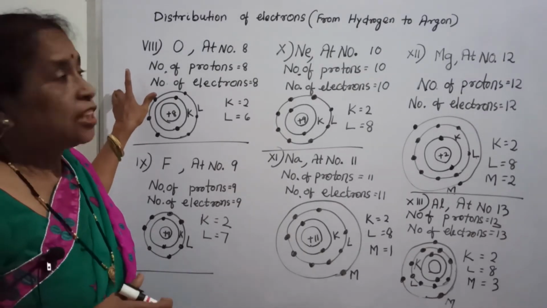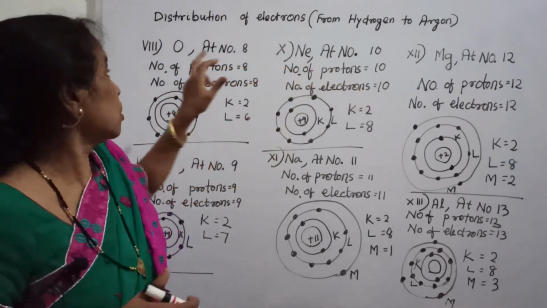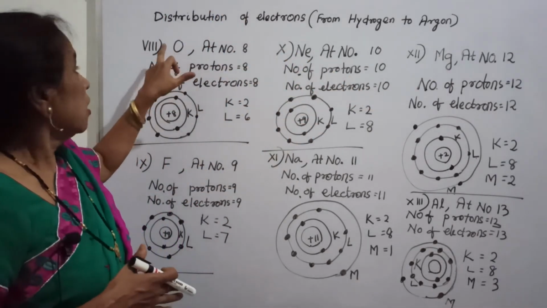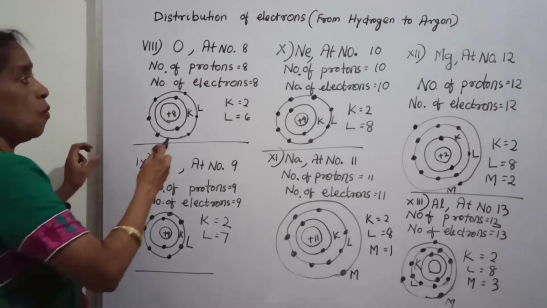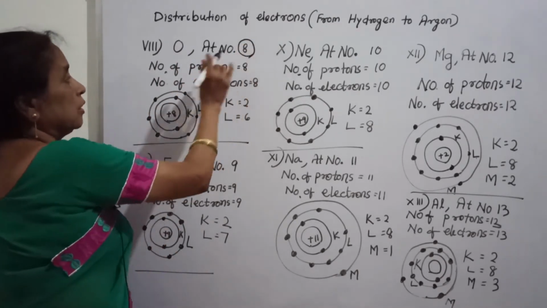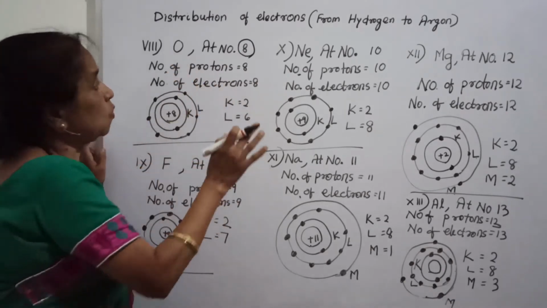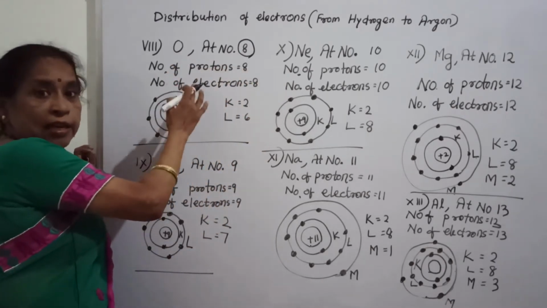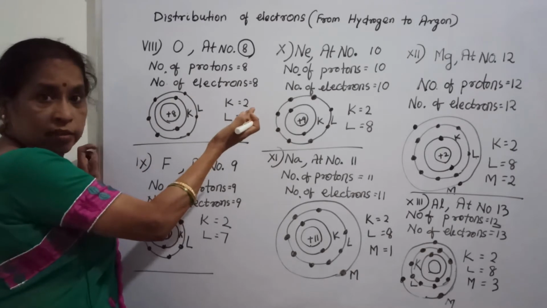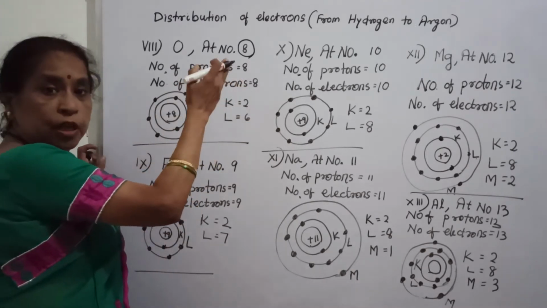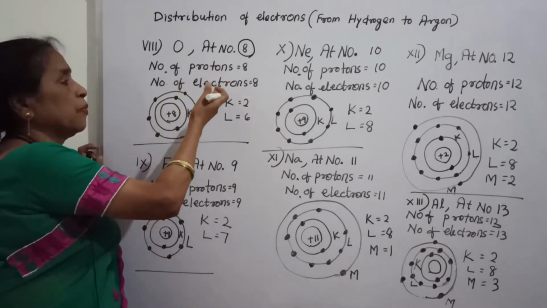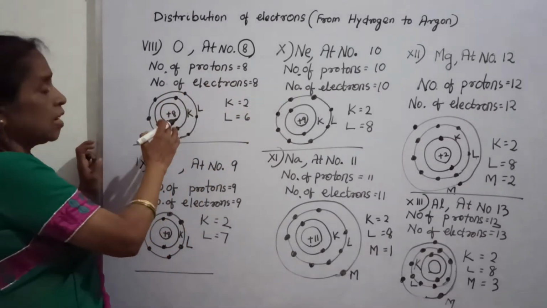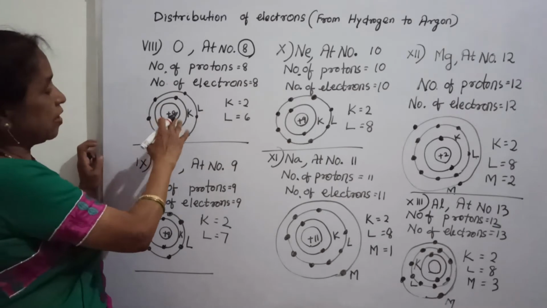Now we will see the distribution of electrons from oxygen. Now see oxygen where atomic number is 8. What does atomic number mean? That means number of protons equal to 8, and here number of electrons is also 8. Now how can you distribute the electrons in different shells?